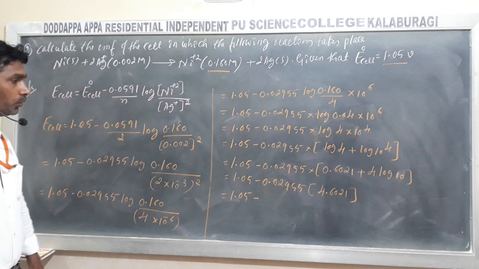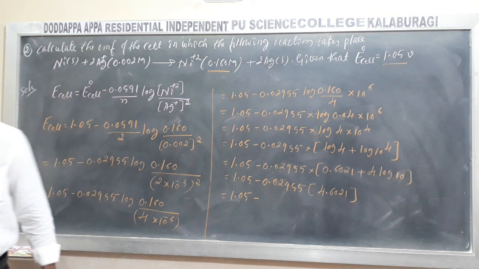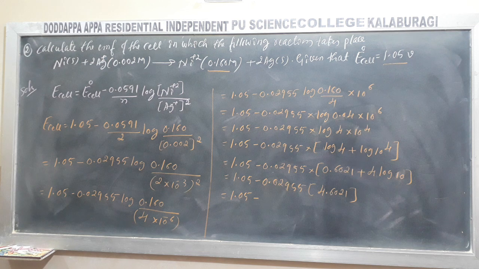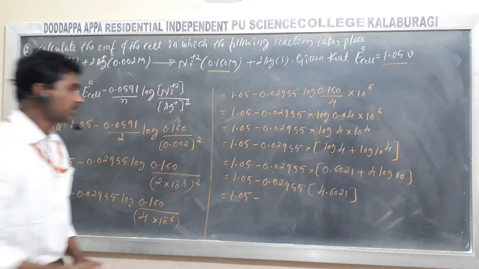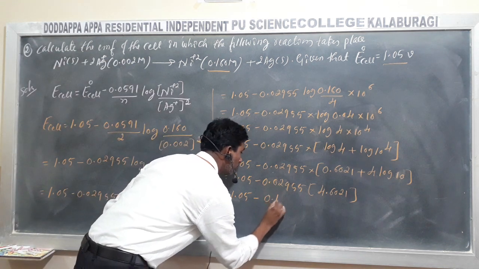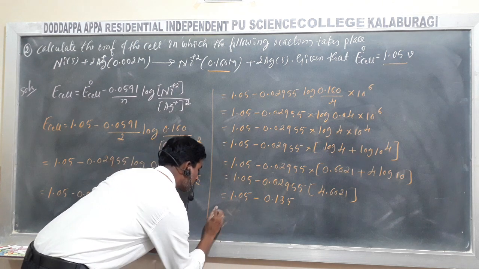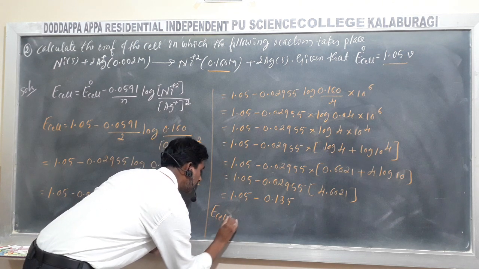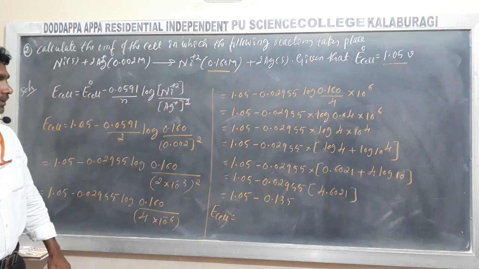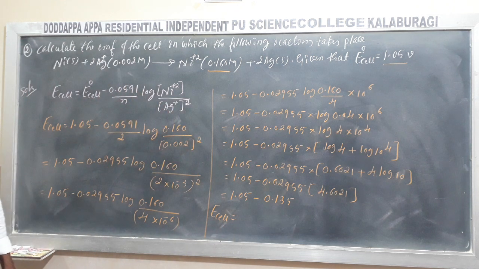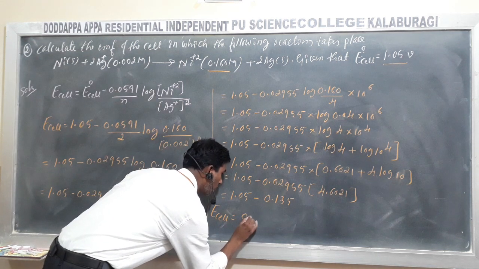Now it is 1.05, and you have to multiply 0.02955 into 4.6021. So we get 0.135. You have to subtract. So the final answer: E of cell is equal to 1.05 minus 0.135, which is 0.91 volt.